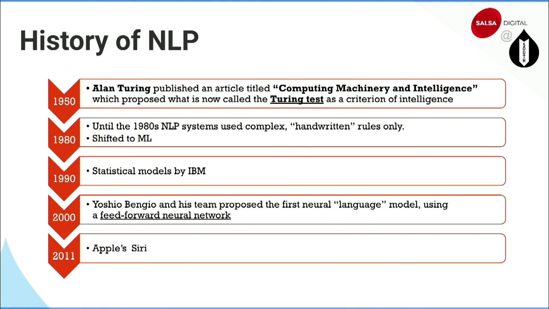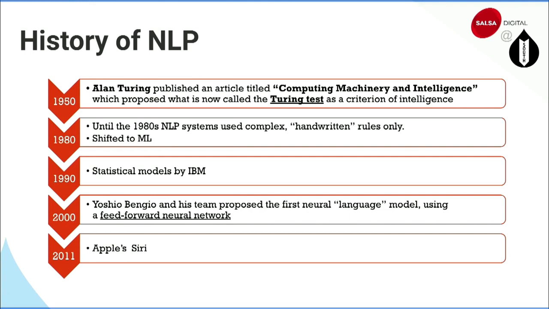After that, he defined the Turing test to provide a criterion of intelligence, like how smart a computer is. After that, there was only small progress in NLP and AI until the 1980s, when IBM developed a few statistical models for natural language processing.